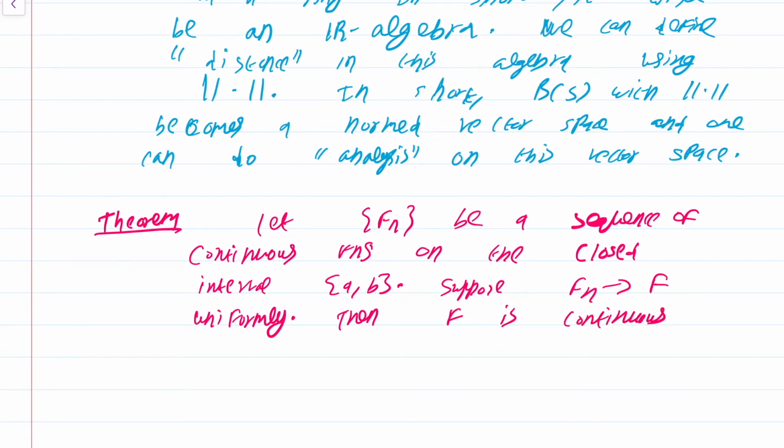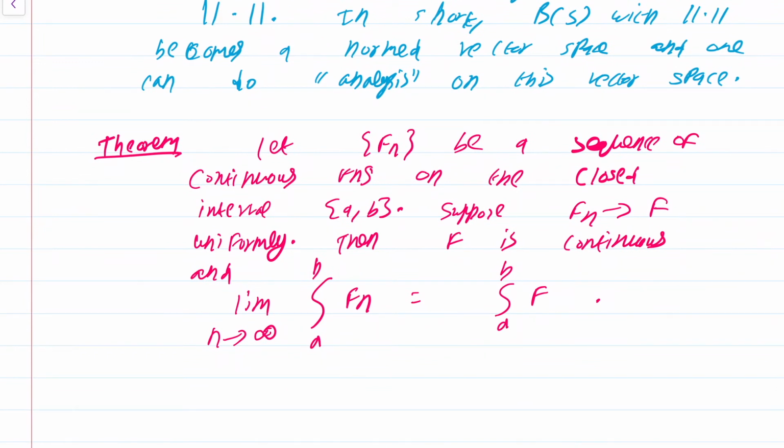But the key thing is, the integral from a to b of Fn, which exists because the Fn's are all continuous, limit n going to infinity is equal to the integral from a to b of f. So essentially what is happening is this limit can be pushed inside. So essentially the behavior of uniform convergence under integration is the best possible behavior. You cannot get better behavior than this.